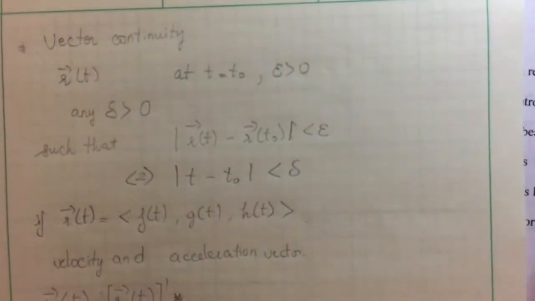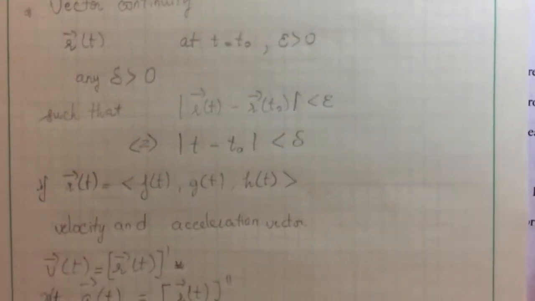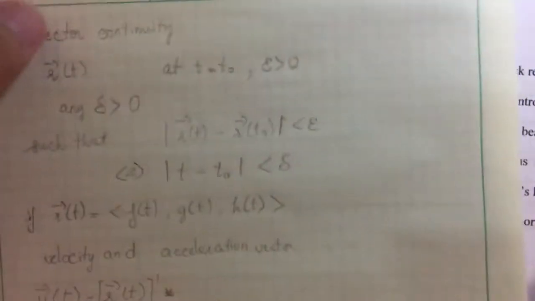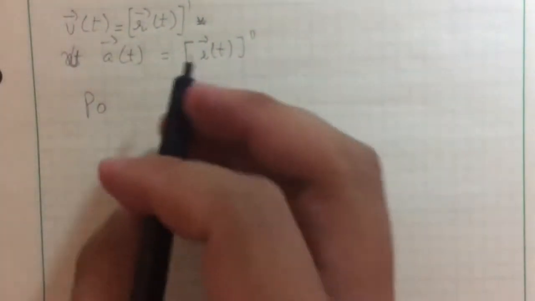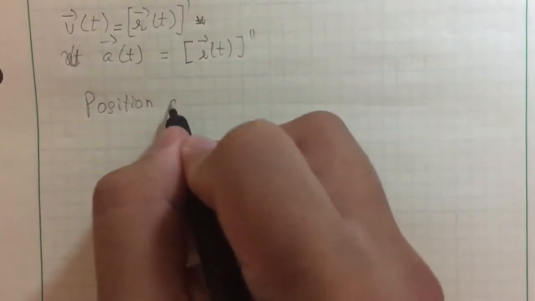In classical physics, to know the equation of motion of a particle, we have two things. The first thing is position, and velocity.